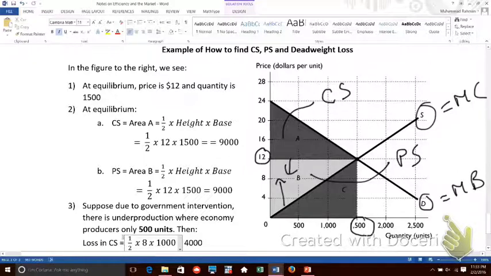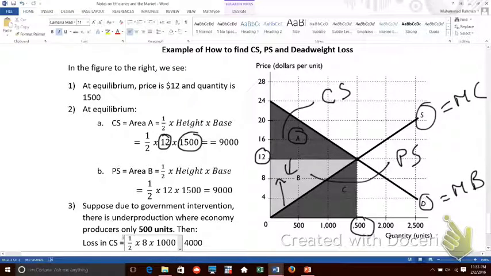Okay, so you can calculate the area of the consumer surplus. As we know, consumer surplus is nothing but the area of A, which is a triangle, and the area of a triangle is half times height times base. So here notice that the height of the triangle is 24 minus 12, which is 12, and the base of the triangle is 1500 minus 0, which is 1500.